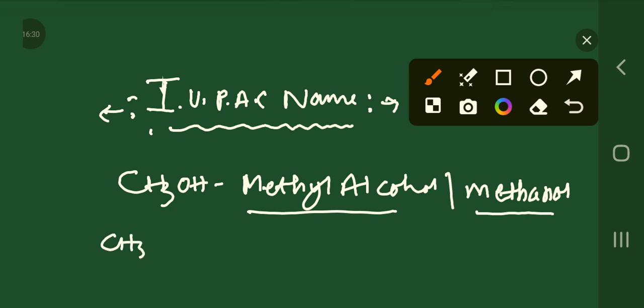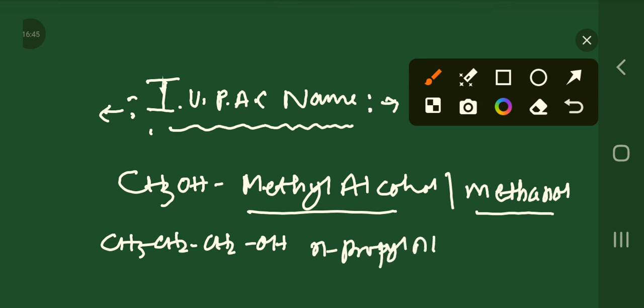Now, if we have an alcohol like this, with at least 3 carbon atoms, its common name is n-propyl alcohol, and its IUPAC name is 1-propanol, or sometimes you can write propan-1-ol. This is the first example.